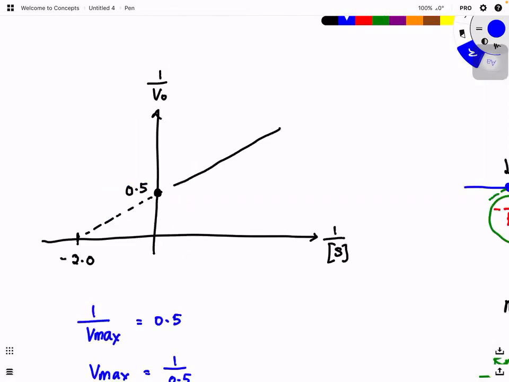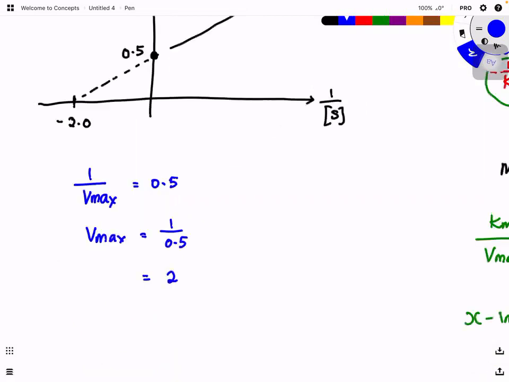Then it depends on what the units are. So how do we calculate Km? We do know that negative 1 over Km equals negative 2.0. So the negatives cancel, Km will equal 1 over 2. Are you clear? So it depends on the unit. Can you see that?